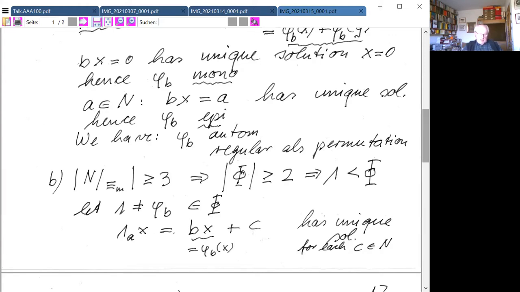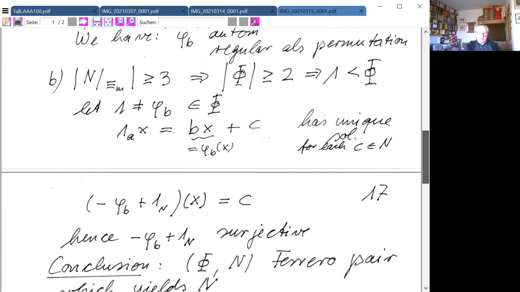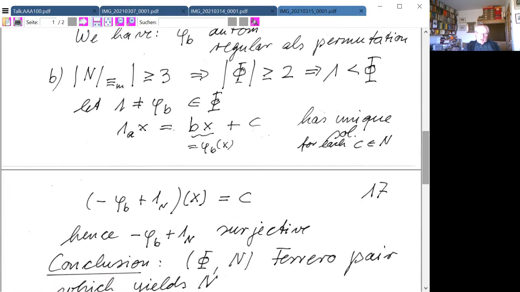Then we need this condition: the number of equivalence classes on N with respect to this equivalence must be at least 3, which means if this is so, then phi must have at least 2 elements, and this means that phi is not the trivial automorphism group.